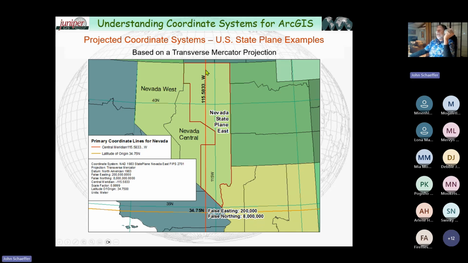So that means as I go to the west from my central meridian, okay, this is 200,000, 100,000, 0. So I don't hit any negative coordinates. Basically, that's all it's doing. And then false northing, 8 million. What? And I'll come back to this in a minute.